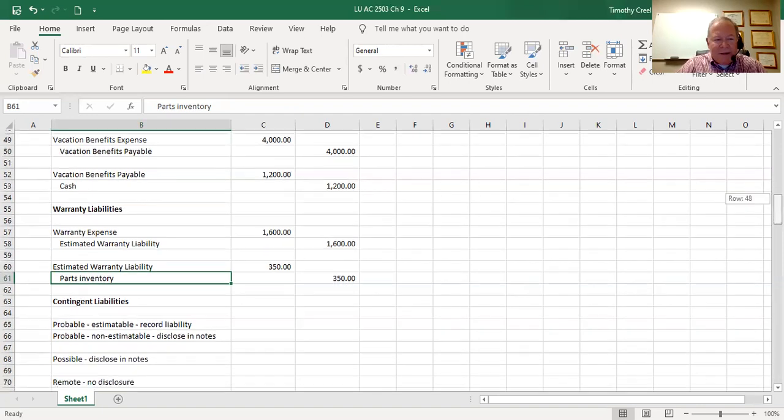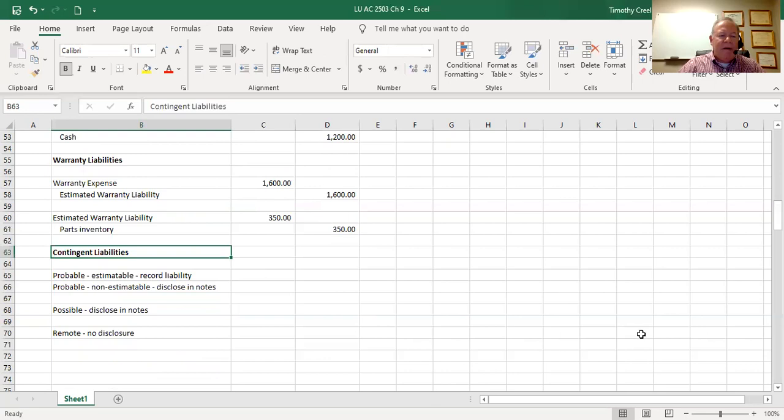Now, one last thing I wanted to talk about is contingent liabilities. Typically you will see these related to lawsuits. What happens is, if a company is being sued, based on the probable outcome, the company may need to recognize it or make a journal entry based on that.